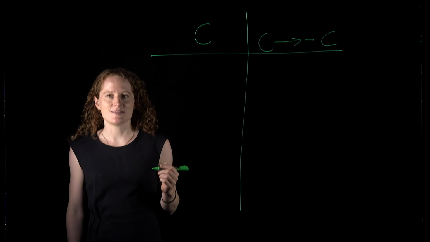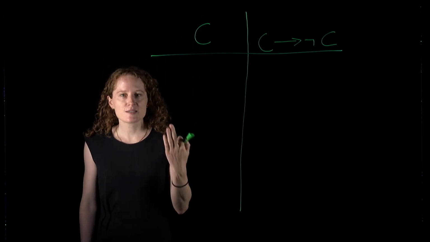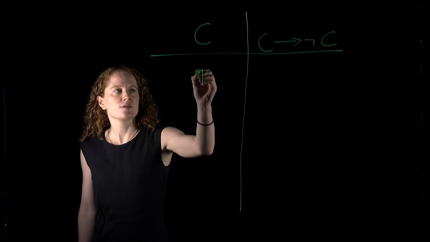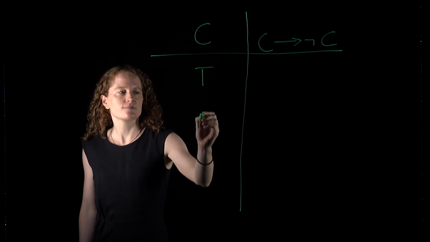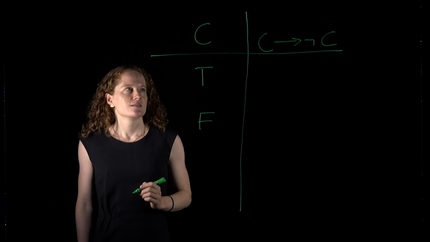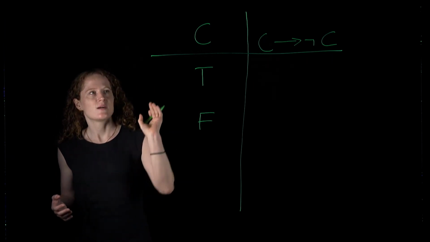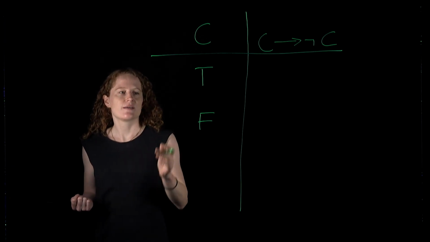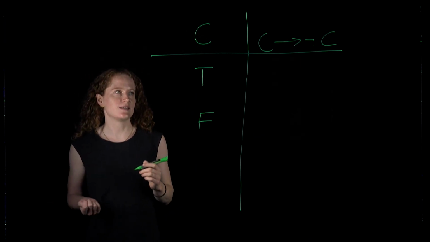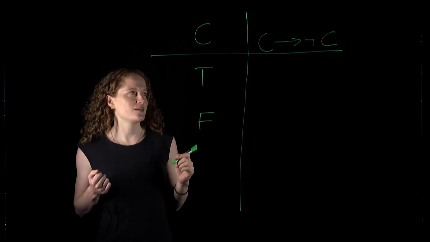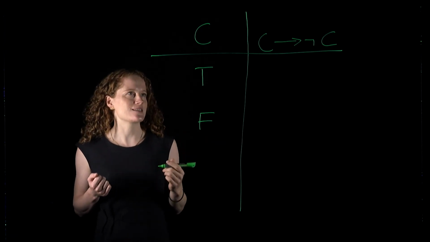And I know that an atomic sentence always has two possible valuations. It can either be true or false. So here I have constructed my reference column, my one atomic sentence on the top, and then the two possible valuations underneath.